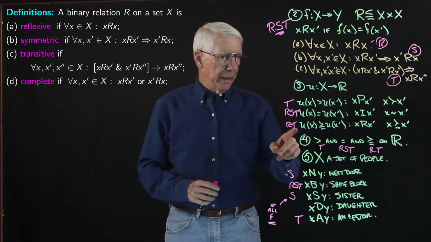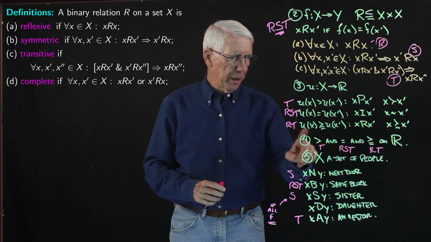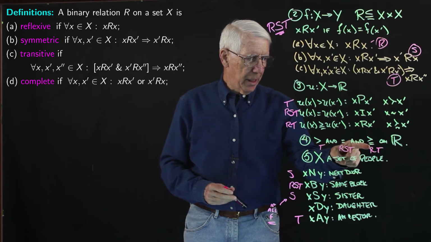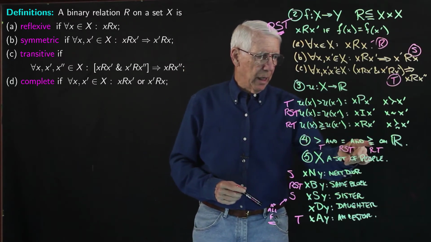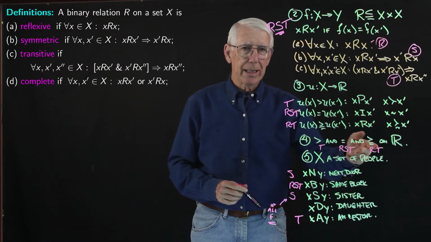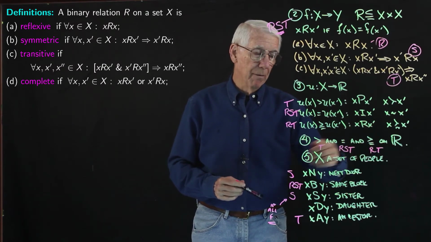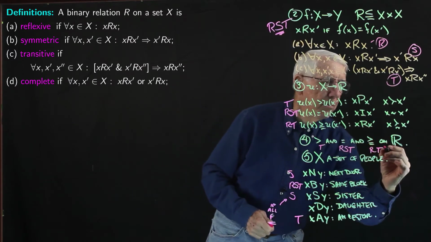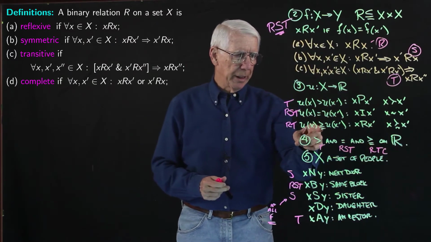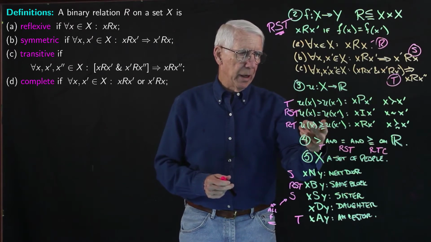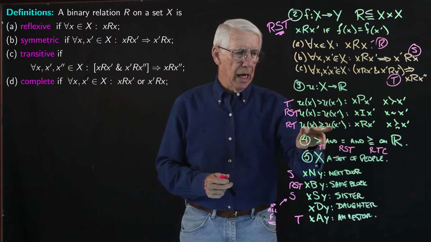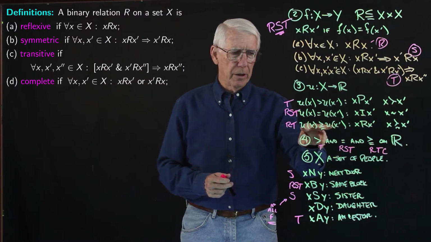I believe the only complete relations here are, well, let's first of all notice this relation here, where we have clearly for any two real numbers x and x prime, either x is greater than or equal to x prime or vice versa. So this is complete. And for the same reason, this is complete, because here the relation is defined in terms of the real numbers like this, which are the values of the utility function u.